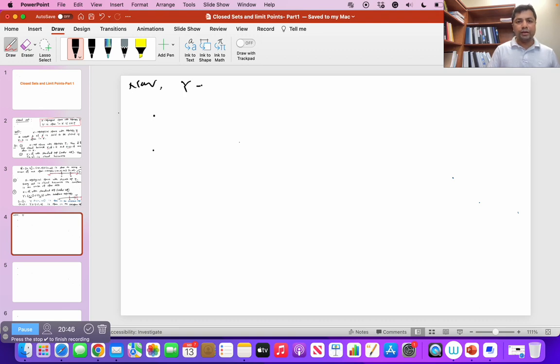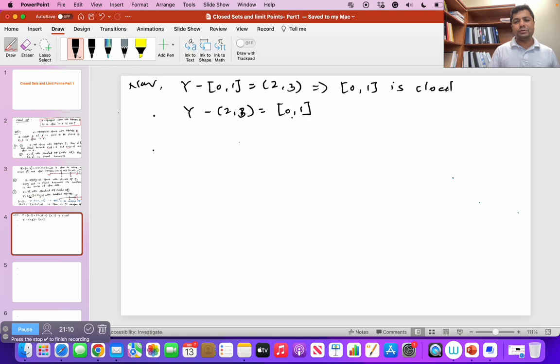So the complement of 0 1 in Y, that's going to be 2 3, which implies that 0 1 is closed in Y. And also the complement of 2 3 is the other interval 0 1, and we have seen that 0 1 is open, so that means the complement of 2 3 is open.